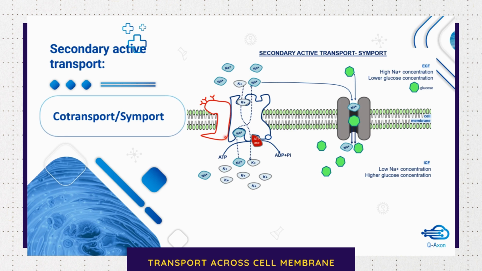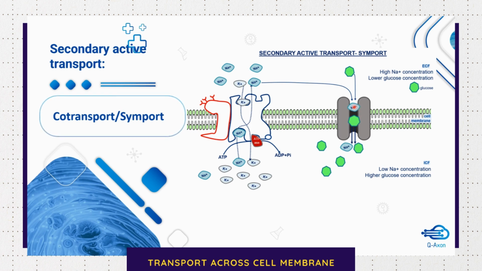Now we have shown another pump here, that is the sodium potassium ATPase pump, which we have already considered in primary active transport. What this pump is doing is continuously throwing 3 sodium ions outside the cell and bringing 2 potassium ions inside the cell. Because of this pump, sodium ions always remain high outside the cell. Now this carrier protein is SGLT, that is sodium glucose transporter.